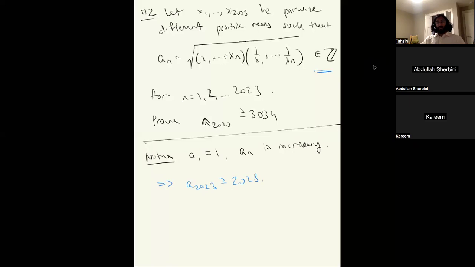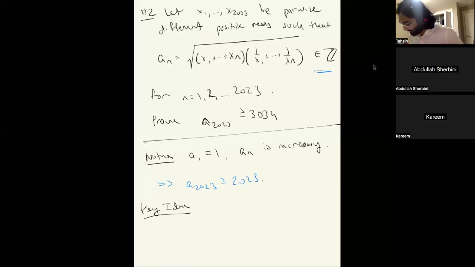I solved it by proving that the sequence can't increase by exactly one twice in a row. So this is the key idea. We know the sequence is increasing, and because it has integer values, it must increase by at least one, but it cannot do that twice.